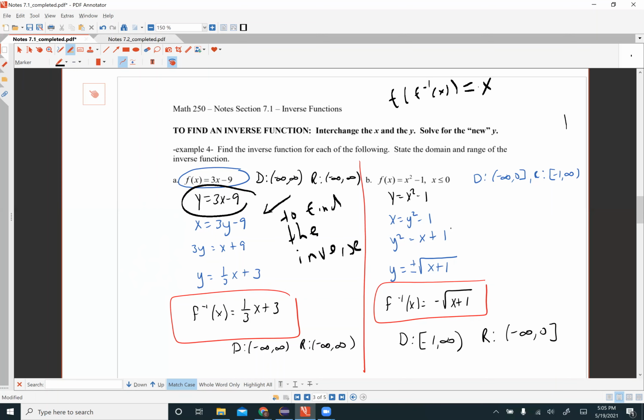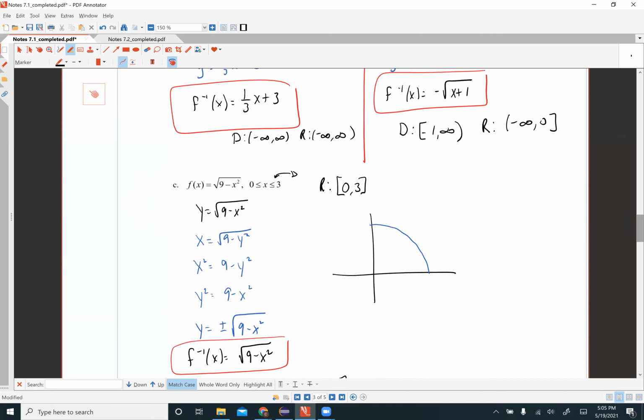There's another example there which we won't talk about. So this is the standard way. It's possible that the domain might be restricted, but if you want to find the inverse, you write the function in the form y equals some formula in terms of x, then exchange the role of x and y, and solve for y.